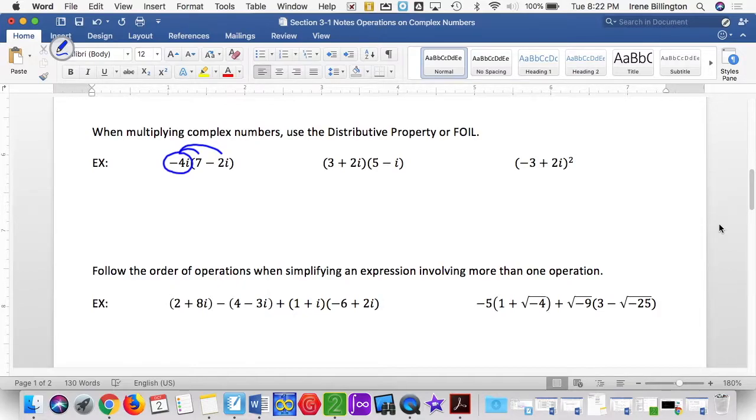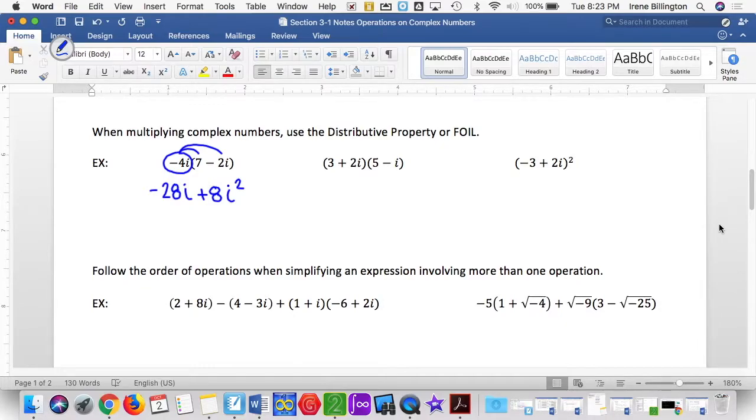And distributing is multiplication. So I am multiplying negative 4i and 7 to get negative 28i. And I am multiplying negative 4i and negative 2i to get positive 8i squared.